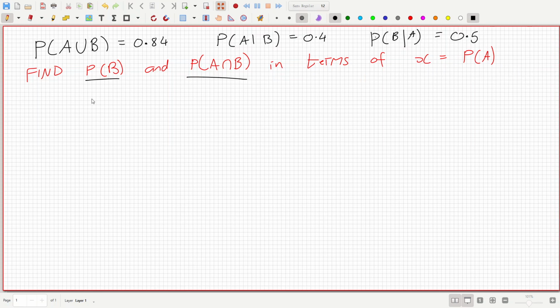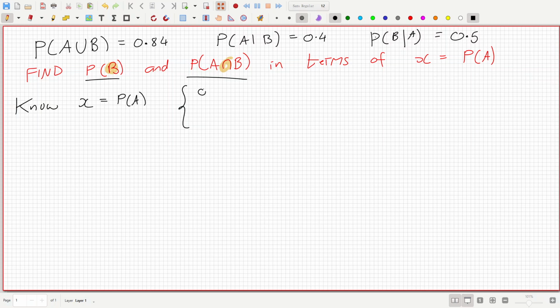So we know, or we pretend to know, the X, we're calling it P(A). Now, we're looking for the intersection and we're looking for B. So let's take the pieces of information we know and see if we can rewrite them in another way.